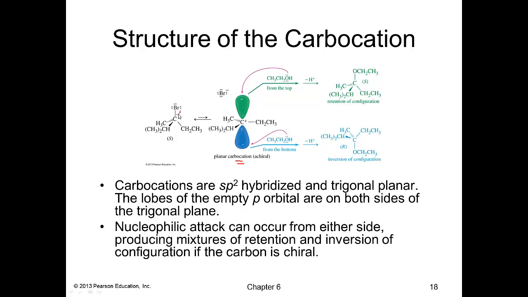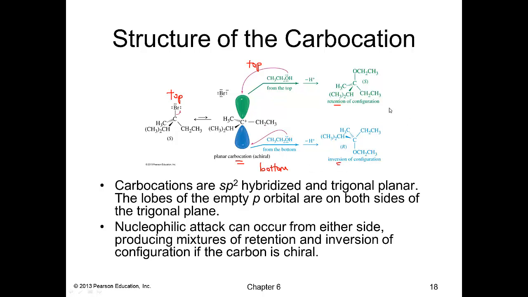It's either, in this case, the Br leaves from the top, the alcohol comes in from the top, we have a retention. So this is a top attack. Now this is from the bottom, so if it's an attack from the bottom, I will have an inversion of configuration.